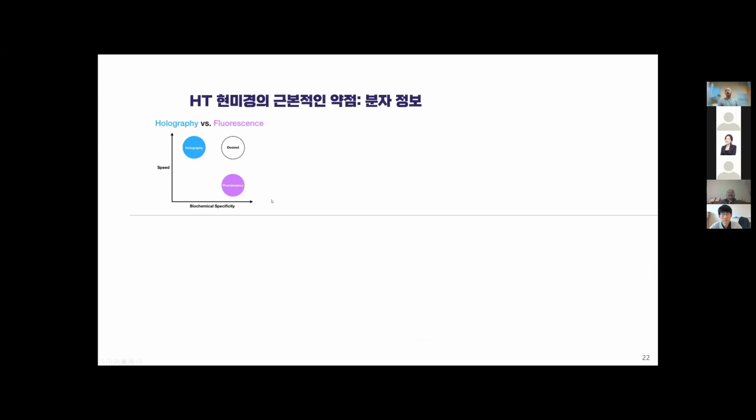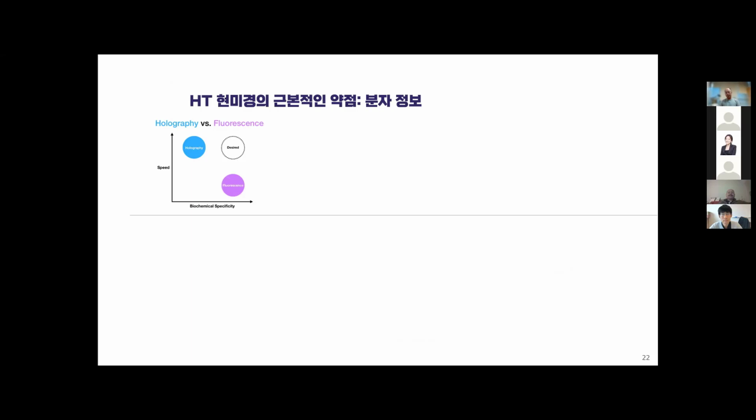And we are interested in this technique because we thought it might be used to overcome the limitations of QPI. Even though QPI has several advantages of label-free and quantitative 3D high-resolution imaging capability, it has a fundamental limitation, that is limited molecular specificity.